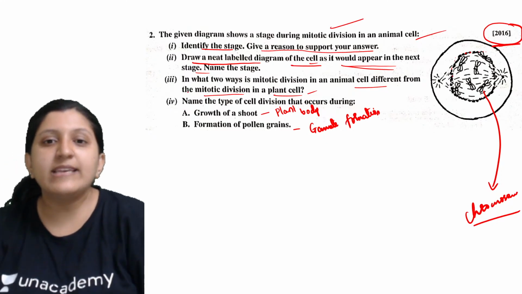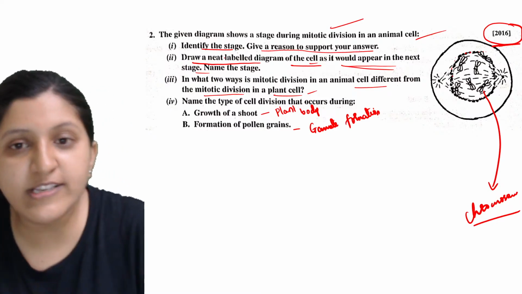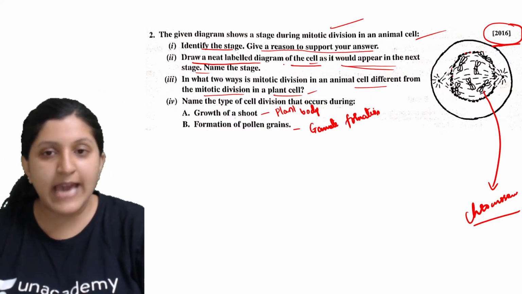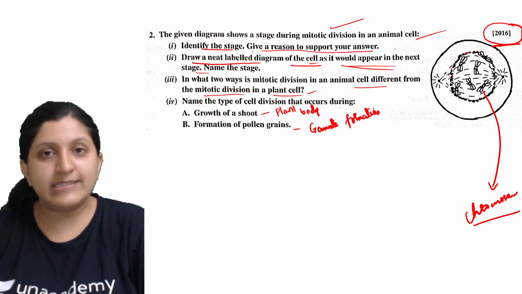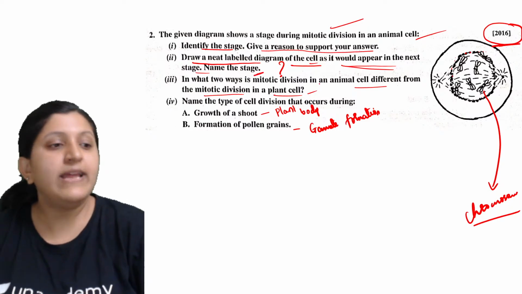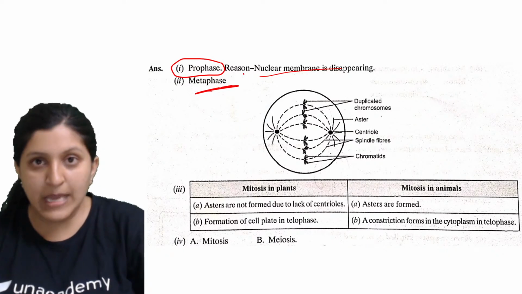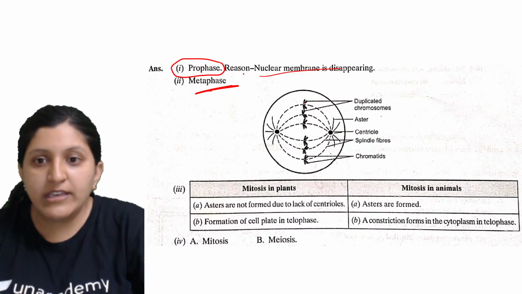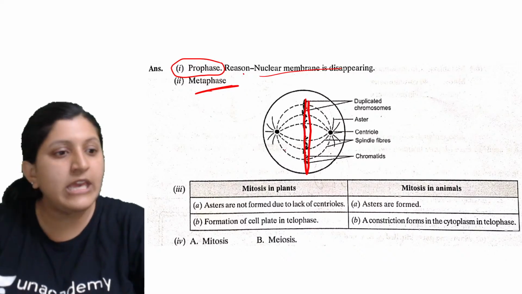Now the next question is, draw a neat labeled diagram of the cell as it would appear in the next stage. You need to draw that and you need to name it. The next stage is basically metaphase. You can see all the chromosomes are arranged here at the equator.